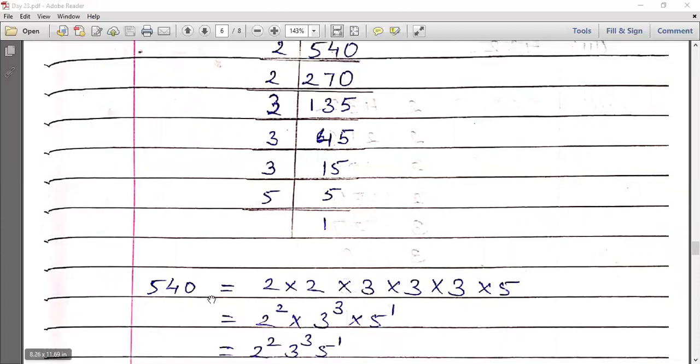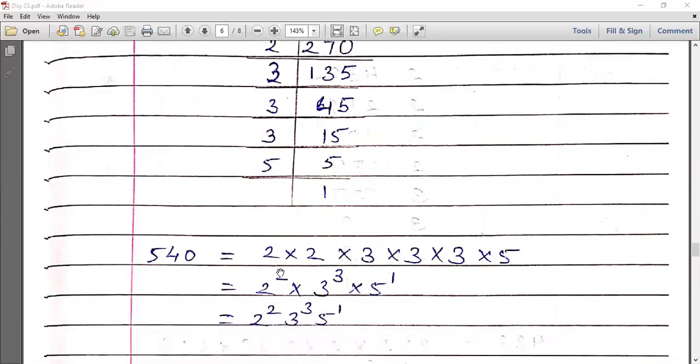Here, 540 can be written in its factor form as 2 into 2 into 3 into 3 into 3 into 5. Here 2 is repeated 2 times, 3 is repeated 3 times, and 5 is repeated only 1 time. Hence, your answer is 2 raised to 2, 3 raised to 3, 5 raised to 1. Here, the multiplication sign can be omitted. It is understood.